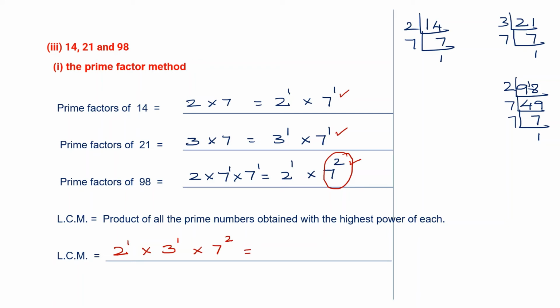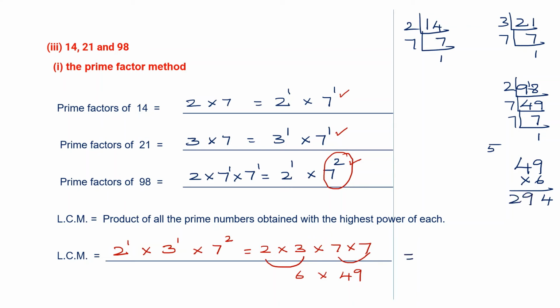Now let's expand and multiply. Only one 2, only one 3, but two 7s, 7 into 7. So let's group them. 2 threes are 6, into 7 sevens are 49. So multiply 49 into 6. 6 nines are 54, carry 5. 6 fours are 24 plus 5, 29.